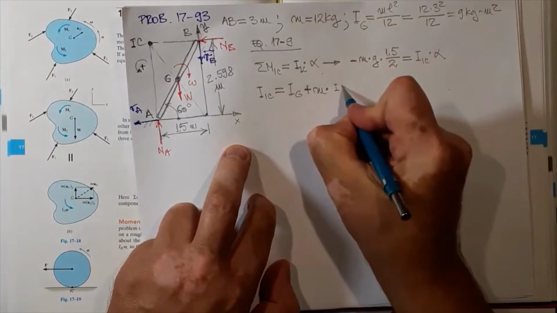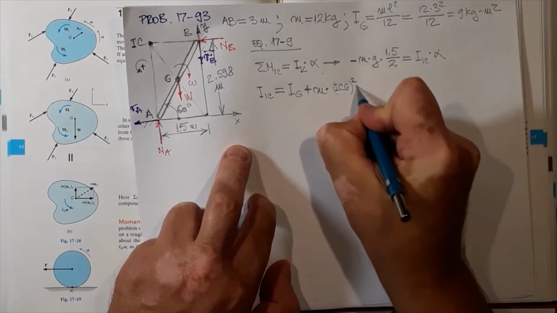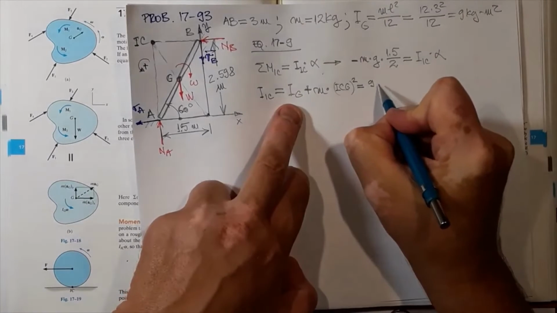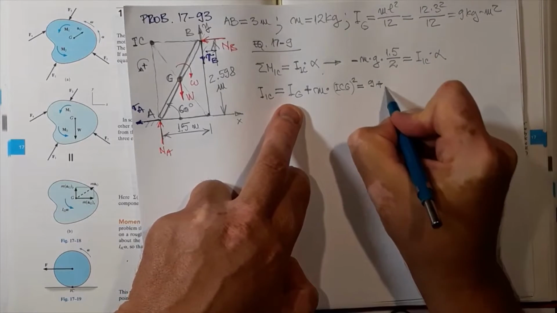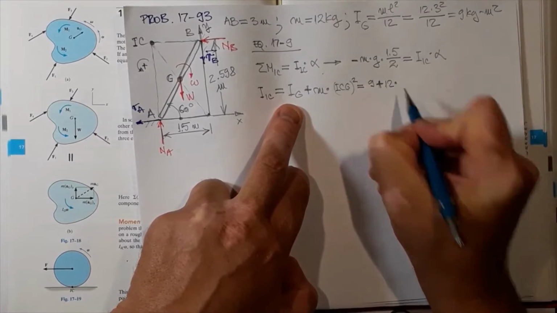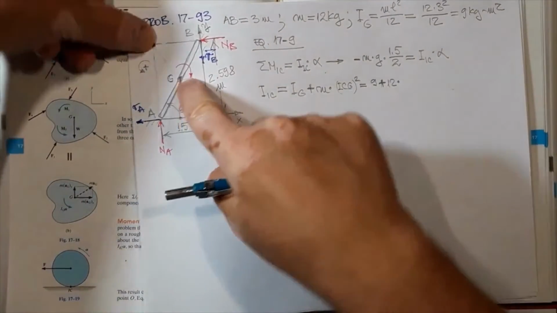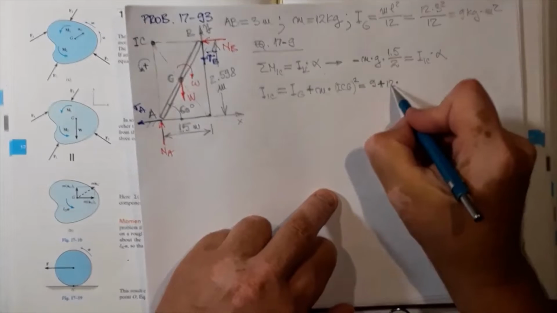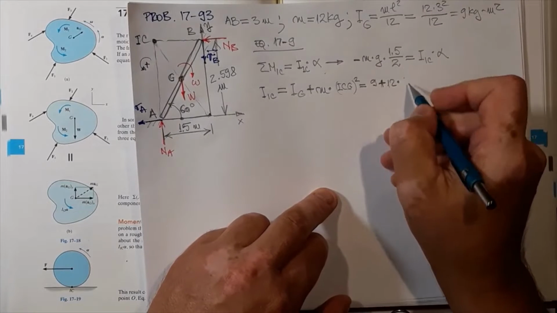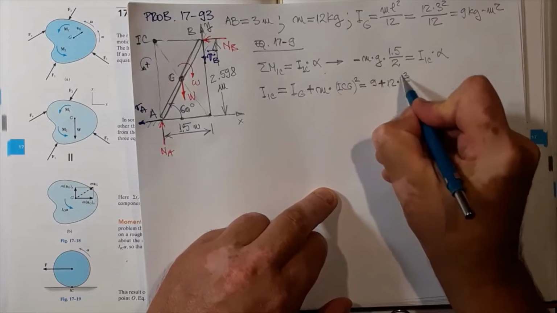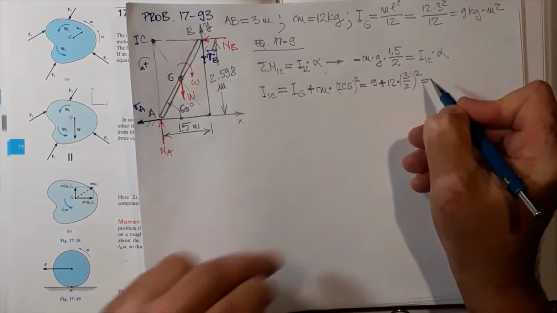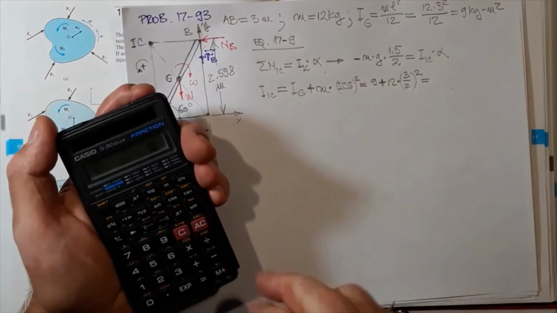Let's use G, so I_G calculated, plus the mass, 12, times this distance, which is half of the bar length, 3 divided by 2, squared. So we have 3 over 2, which is 1.5, squared times 12, plus 9, equals 36 kilogram meters squared.